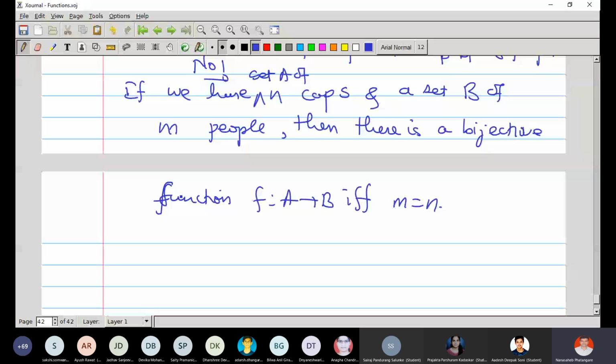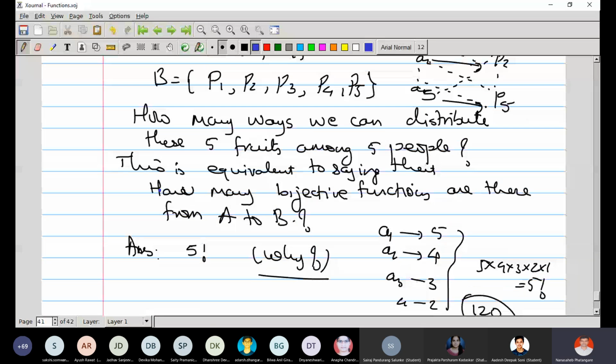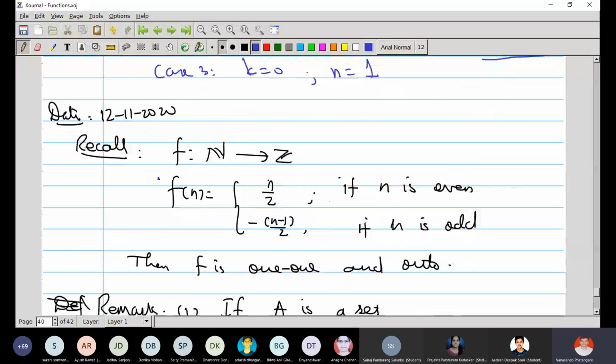Every person should get a cap, no person should get more than one cap, and no person is left. This is possible only if the number of caps is the same as the number of people. So that distribution is a function, actually a one-to-one correspondence. And in the example which we discussed last time, there is a bijective function.